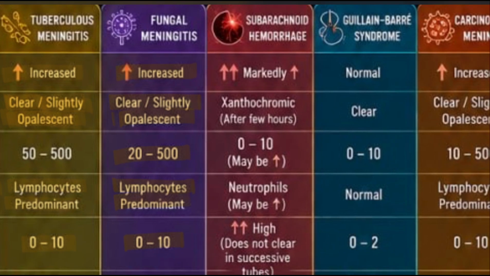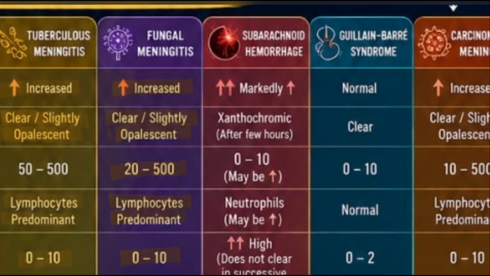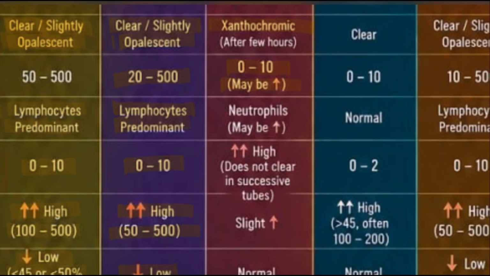Subarachnoid hemorrhage is a very important emergency diagnosis. The opening pressure will increase, and in appearance we can see xanthochromia after a few hours of the subarachnoid hemorrhage or traumatic incident. The WBC is 0 to 10, or maybe it will increase, and neutrophils will increase.